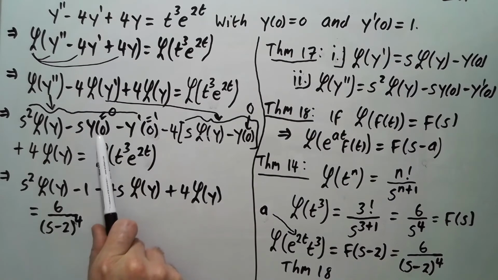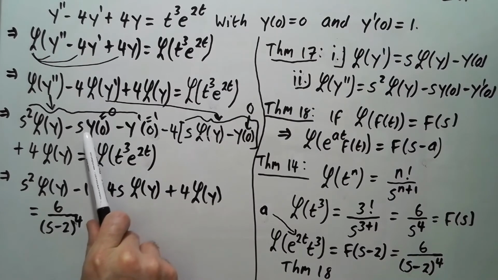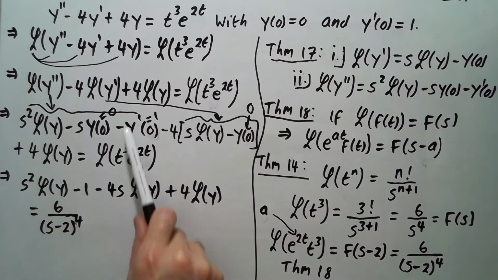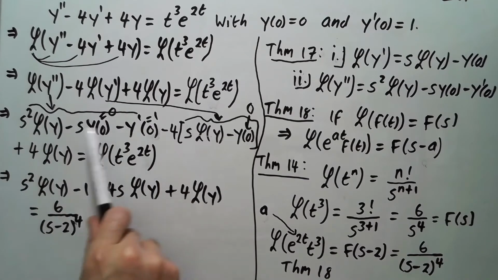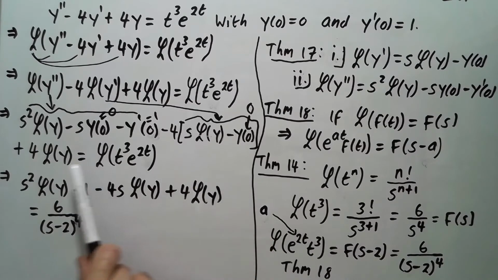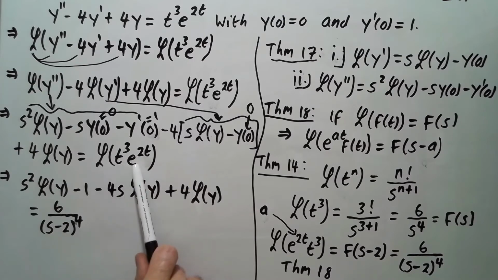The y of 0 is 0, so that term will be gone. The y prime of 0 is 1, so it's going to be s squared Laplace of y minus 1 for this part here. Then minus 4 times s Laplace of y, y of 0 is 0, so just plus 4 Laplace y equals Laplace of t cubed e to the 2t, but that is equal to 6 over s minus 2 to the 4th.